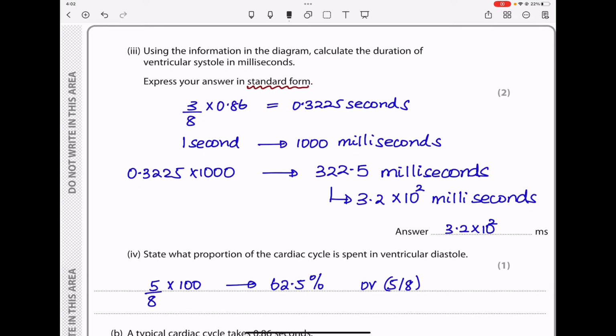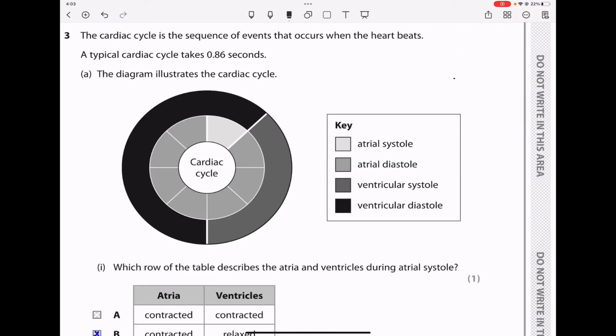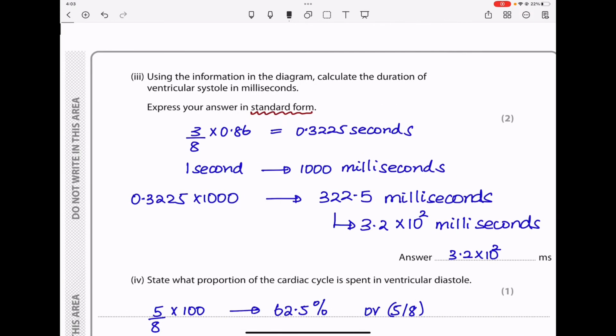Here they say, using the information in the diagram, calculate the duration of ventricular systole in milliseconds and express your answer in standard form. So if we go back here, we can see ventricular systole takes place in 3 out of 8, meaning we're going to have 3/8 times the duration, which is 0.86, and the answer is going to be in seconds.